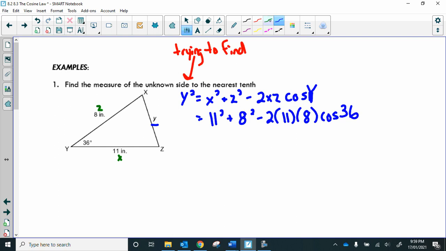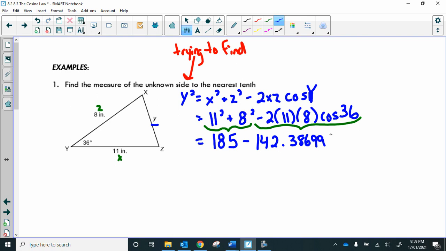When I plug this into my calculator, I always plug this stuff in and then this stuff in two separate steps. So I do 11 squared plus 8 squared, it gives you 185. And then I take negative 2 times 11 times 8 times cos 36, and that gives me negative 142.38699.